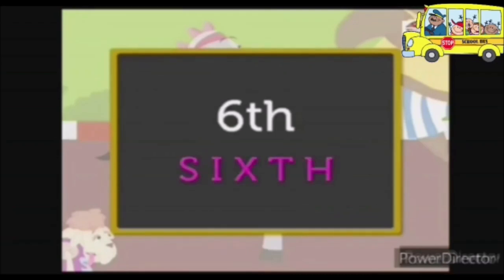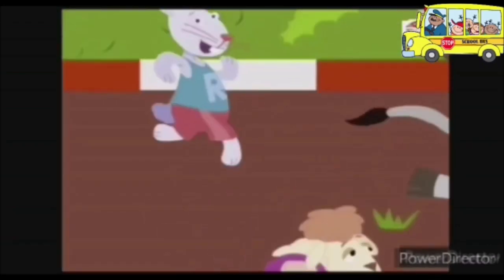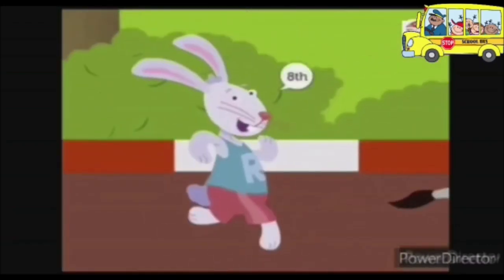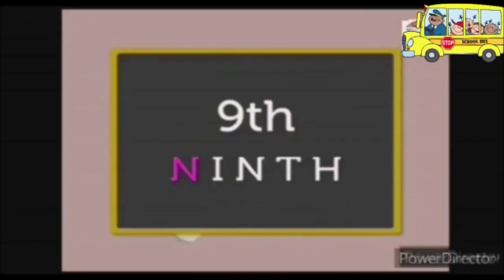The cow came at sixth position. S-I-X-T-H. Sixth. The sheep is at seventh position. S-E-V-E-N-T-H. Seventh. The rabbit is at eighth position. E-I-G-H-T-H. Eighth. The tortoise came at ninth position in the running race.